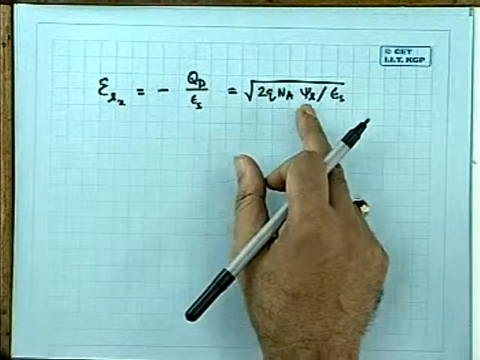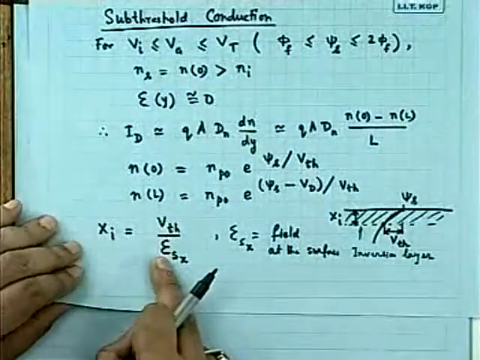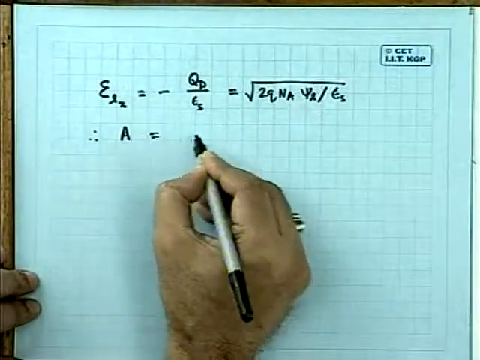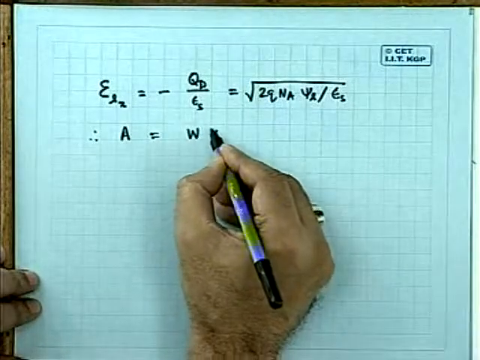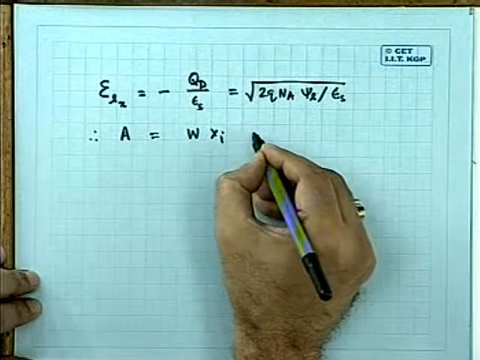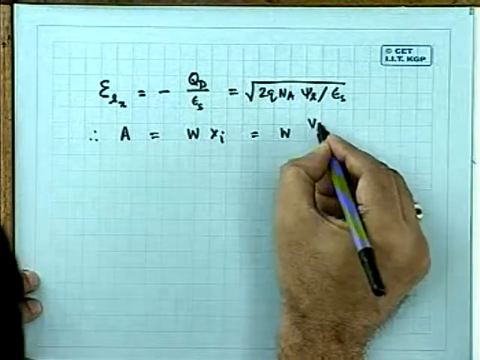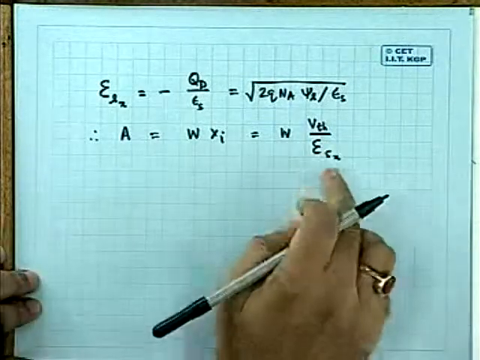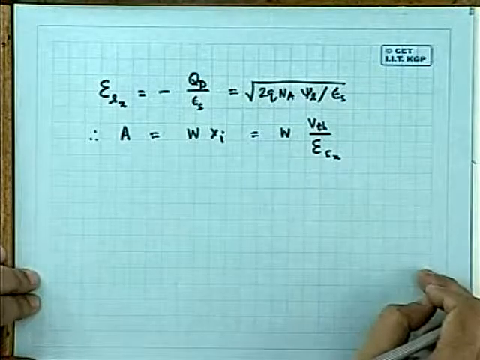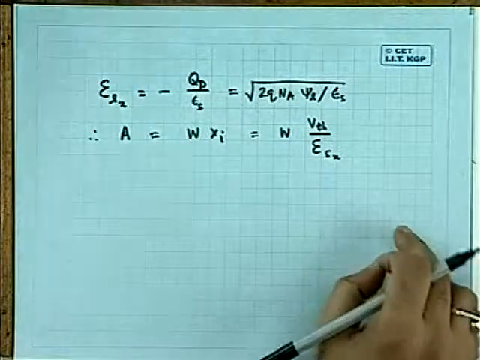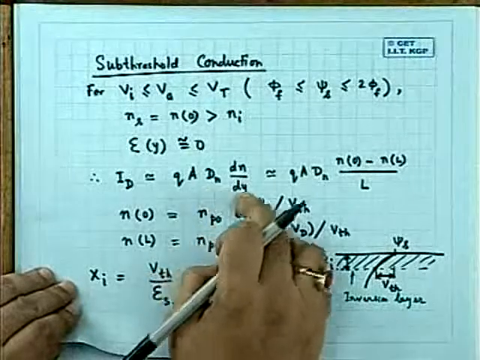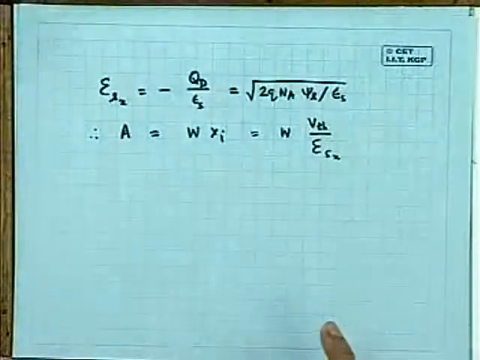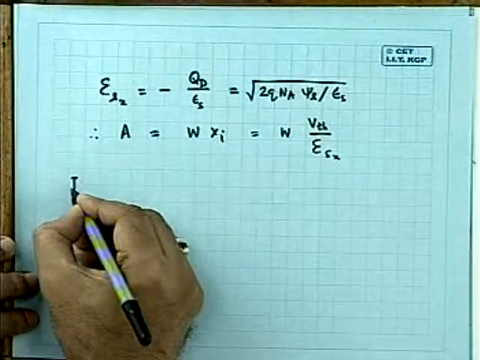Substituting that epsilon s value here, what is my A? A is equal to W multiplied by xi, and that means W multiplied by VTH by epsilon s, where epsilon s is given by this. Substituting them in this equation for current, where n0, nL are represented by these two, we ultimately simplify this current equation in this form.